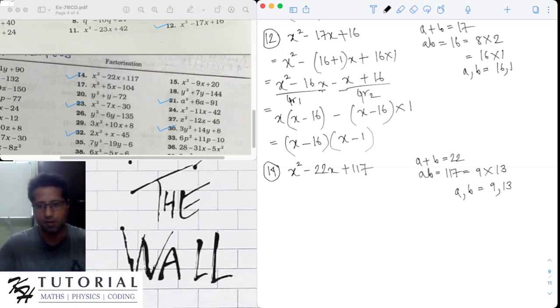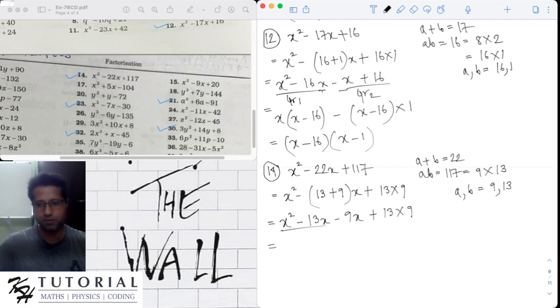It does not matter. So this is equal to x square minus 22 can be written as 13 plus 9, we have x, and 117 is 13 multiplied by 9. So this is x square minus 13x minus 9x plus 13 into 9.